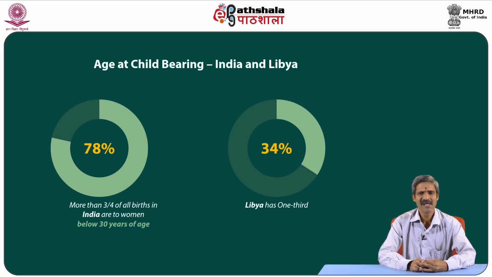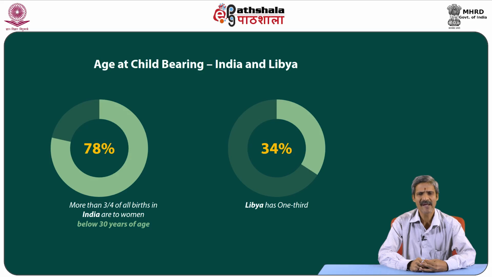Let us now examine the age at childbearing in two specific countries, namely India and Libya. At lower levels of fertility, difference in age distribution of births is larger. India and Libya have total fertility of about 2.5 children per woman.